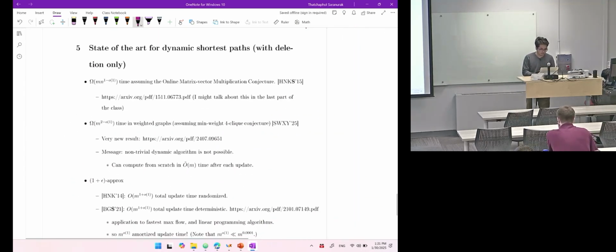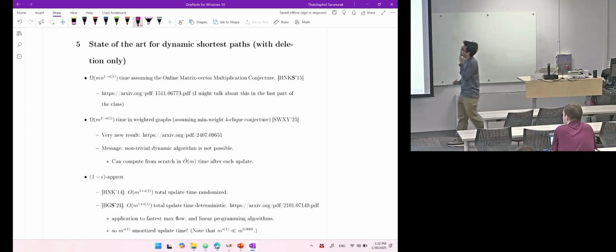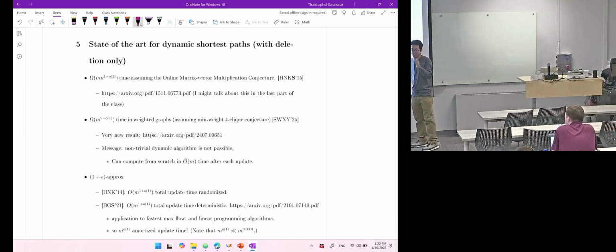so that's it. Let me go through the state of the art quickly, because this is such a really important topic. It turns out that if you want to improve upon mn, you cannot. There is some lower bound, assuming some conjecture that my co-author and I introduced, and we believe that.